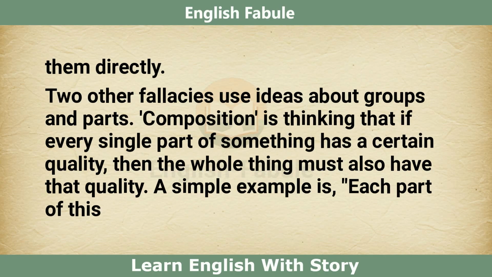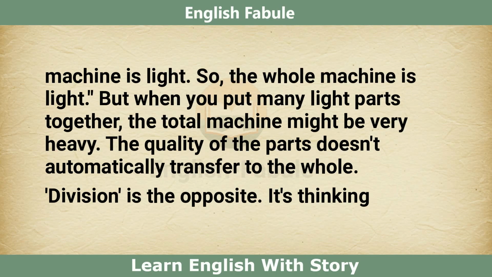Two other fallacies use ideas about groups and parts. Composition is thinking that if every single part of something has a certain quality, then the whole thing must also have that quality. A simple example is, each part of this machine is light, so the whole machine is light.